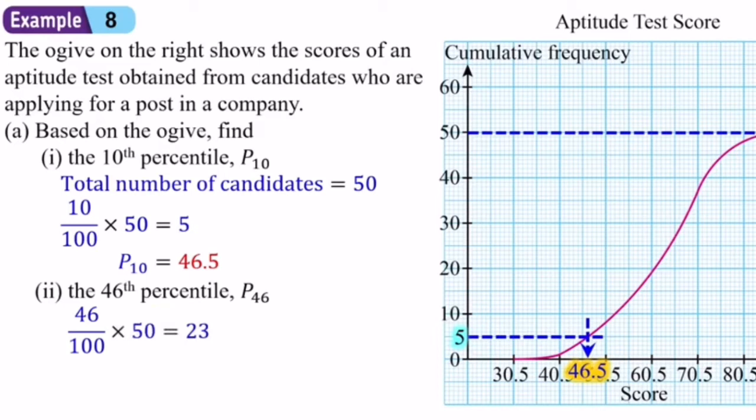So let's go to the cumulative frequency and find out where is 23. We need to draw a horizontal line from cumulative frequency 23. Let's label it now. We will go to the 23 exactly.